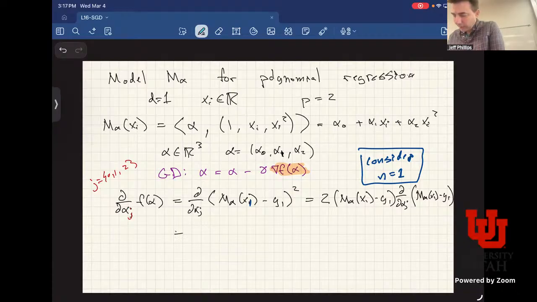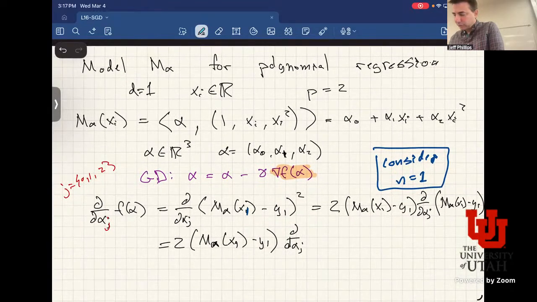Okay, and then I can write this as 2 m alpha x1 minus y1. Okay, and then I'm going to write out the form of what this function is for polynomial regression.